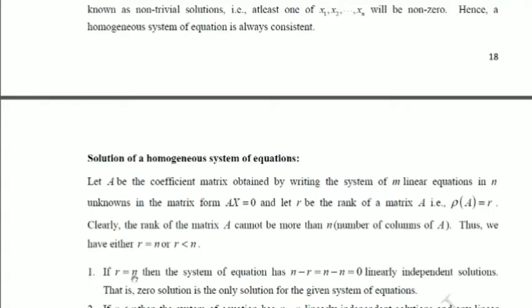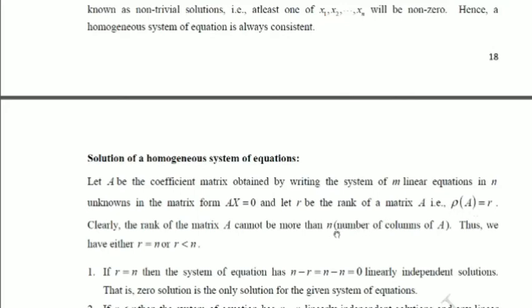Whenever they give a homogeneous system of equations, first you write down the coefficient matrix and find the rank of the matrix A. We know what is meant by rank: the number of non-zero rows of the echelon form of matrix A. Let's assume that R is the rank of A.